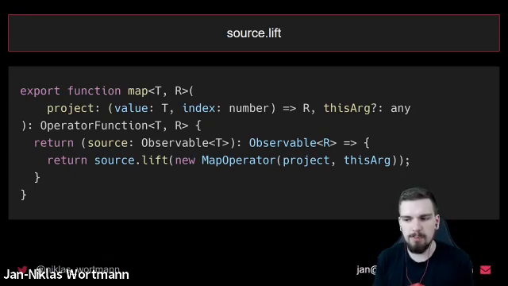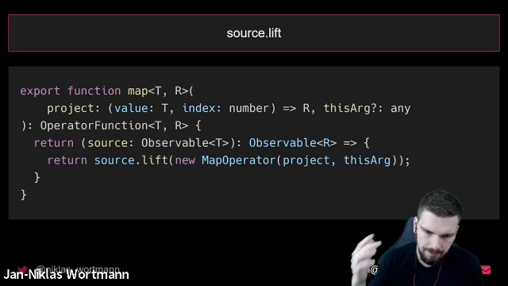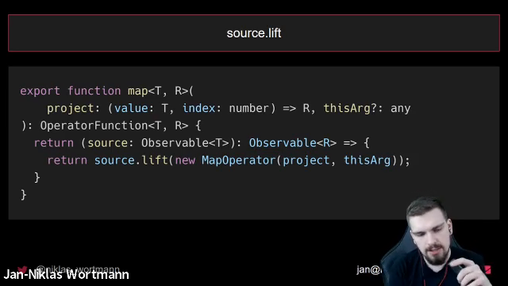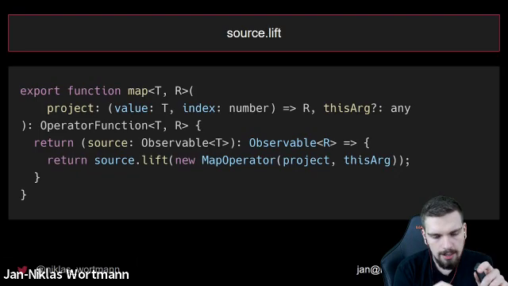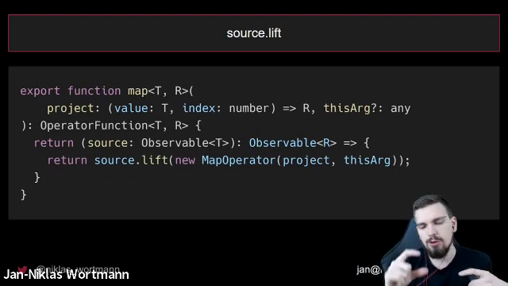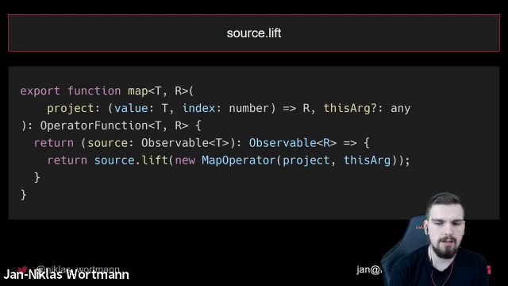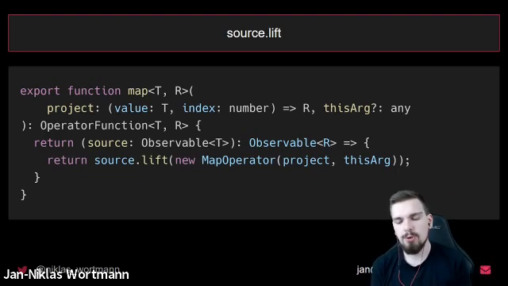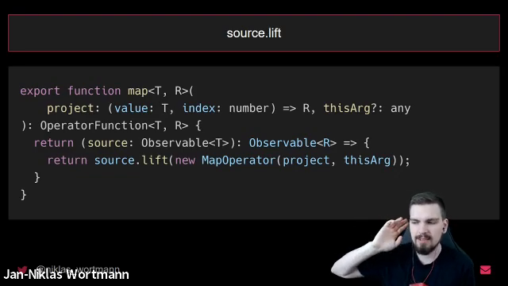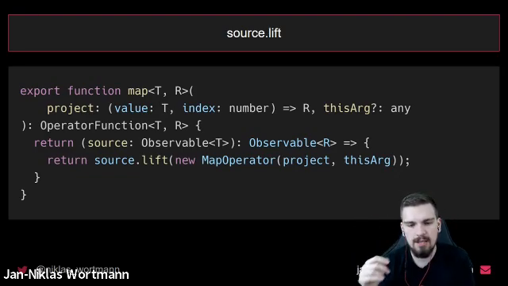So you can manipulate the values in your observable. This is what map is designed for. So if we take a look at the source code here, we see that we take the source observable, call the lift method on it, whatever lift is, and pass a new operator instance to that, where we pass our projection function and the this argument, but we can ignore the this argument because technically you can specify the this scope with that.